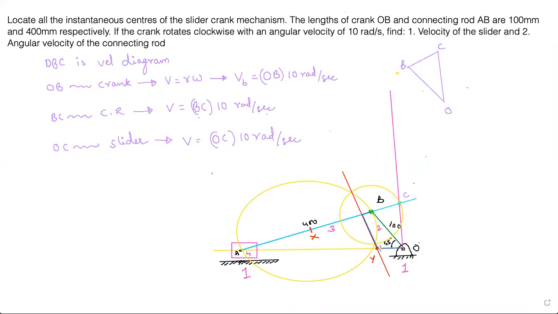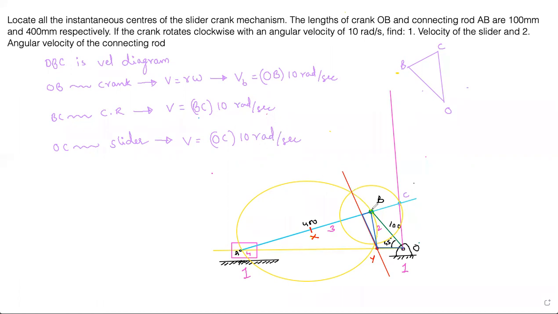And you can see this is the slider's acceleration, where YO is the slider's acceleration. And if you connect B and Y, this is the actual acceleration of your connecting rod. Okay, let me show you here clearly.